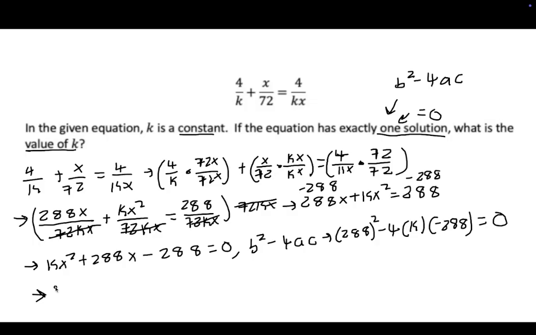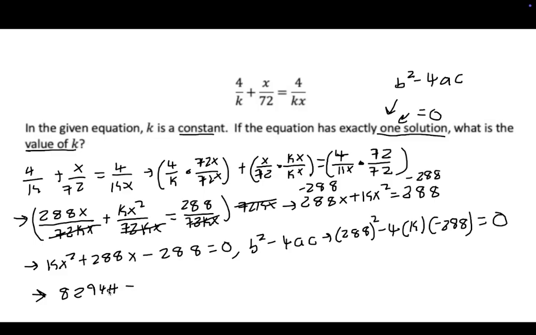So we're going to calculate 288 squared. I'm going to use a calculator real quickly. This is going to be 82,944.